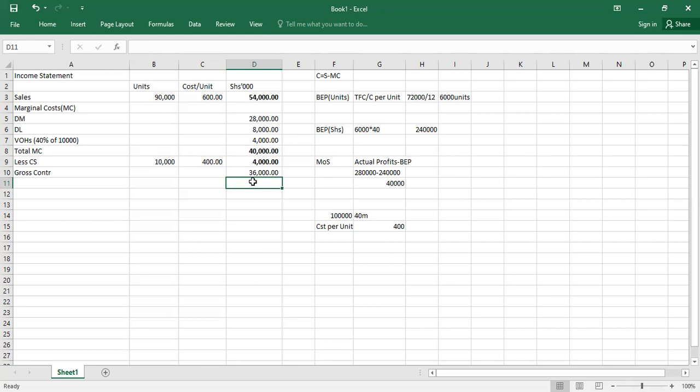So what will be our contribution? What is the figure that we'll be using to calculate the BEP? Go back to the formula: sales minus this.